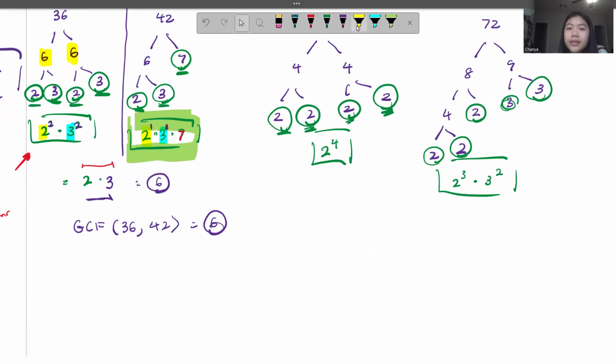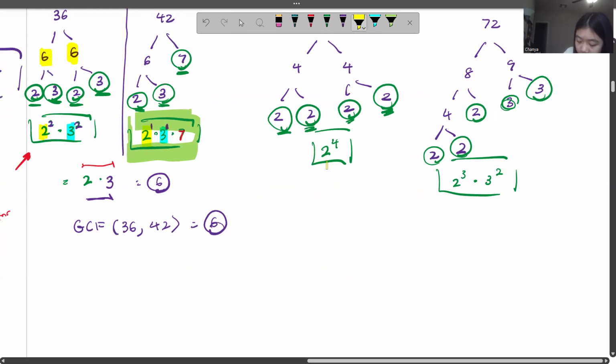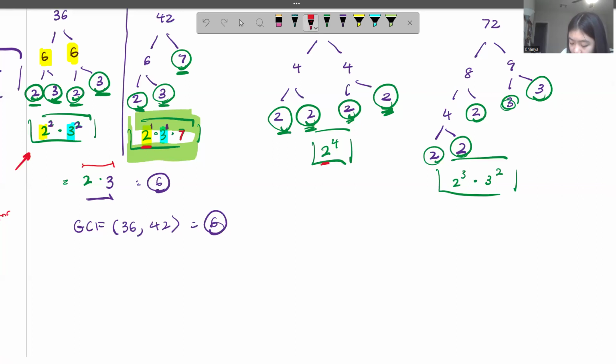So now I realize to find the GCF, I need to see which prime factors all of these numbers have in common. We notice that all of them, in fact, do have a factor of 2 in common. We're talking about 42, 16, and 72.